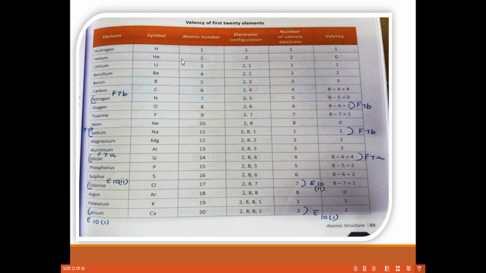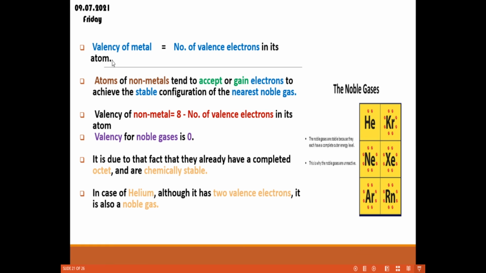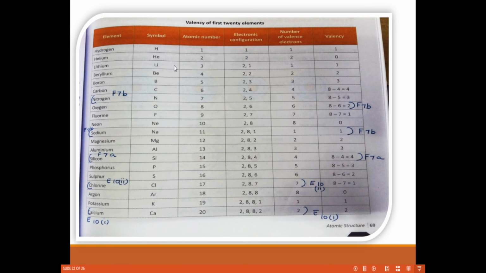First we take the first 20 elements' valency. For hydrogen, the valency is 1, because the atomic number is 1. Helium is a noble gas. I already told you the valency for noble gases is 0. So helium is 0, and neon also 0, and argon also 0.